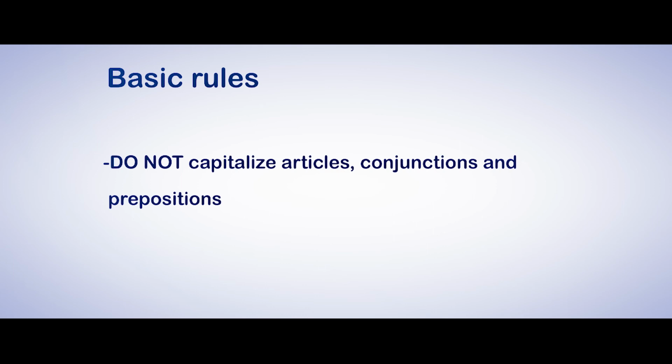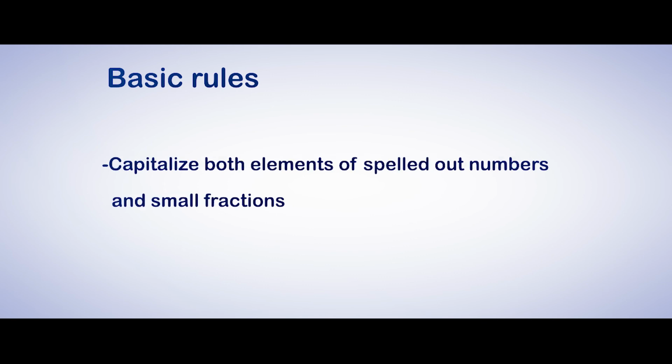And then the next is prepositions. So that's one thing that you have to capture. You are not supposed to capitalize them when you're writing your titles. The third rule is capitalize both elements of spelled out numbers and small fractions. So the examples that follow will help us to understand this better.